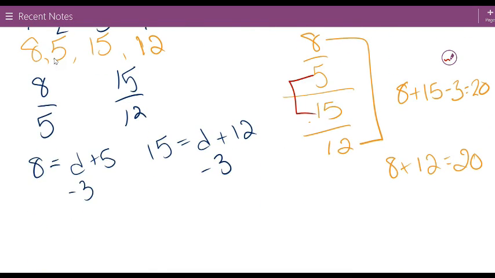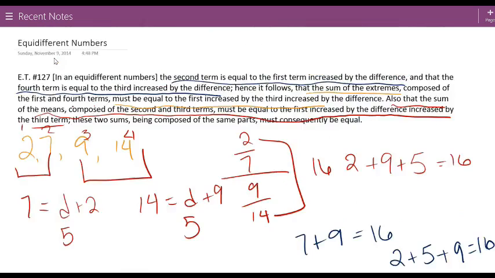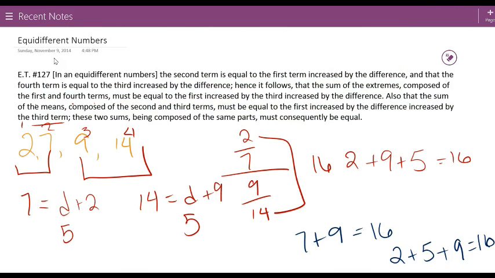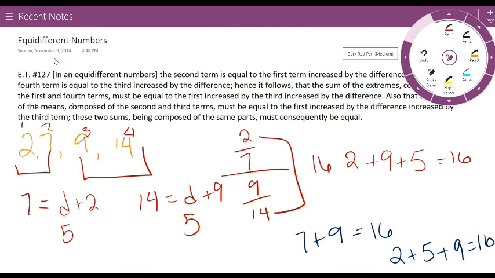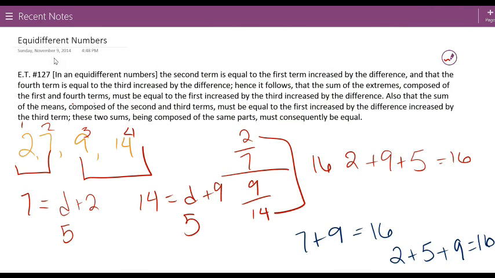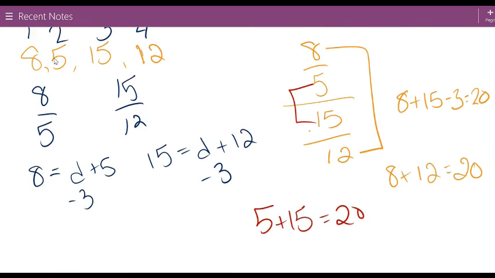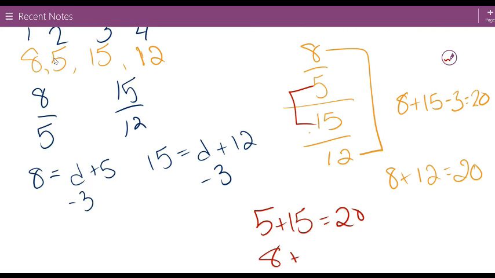So the sum of the means, 5 plus 15 equals 20. Sorry for the crazy lines. It must be equal to the first increased by the difference increased by the third. So we have the first, 8, plus negative 3, plus 15, again gives us 20.